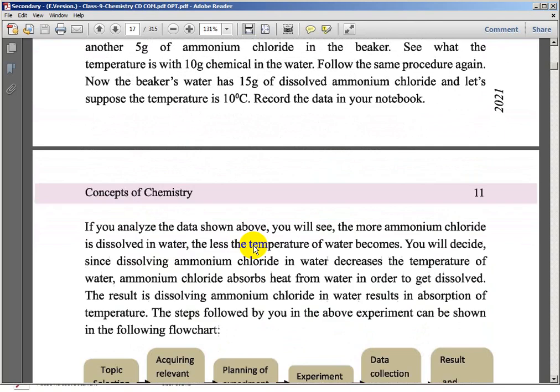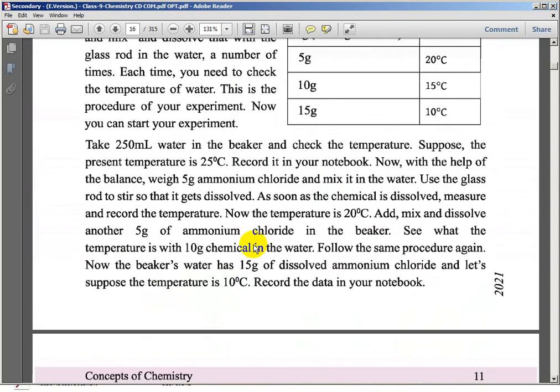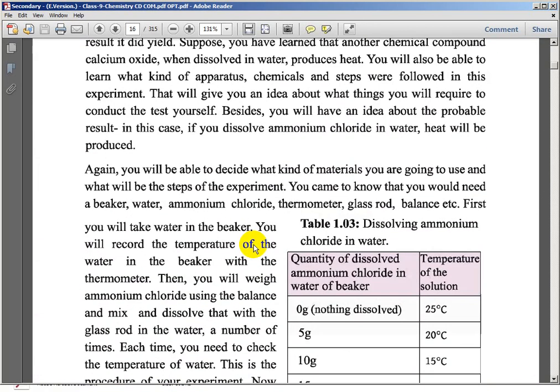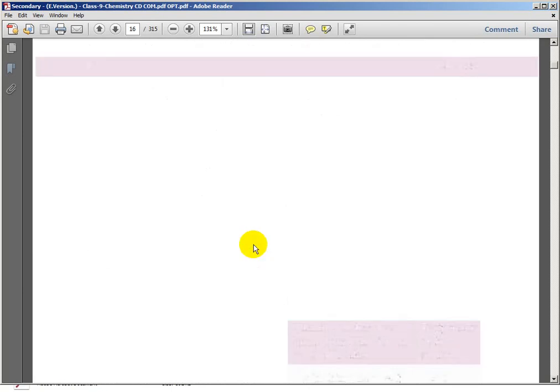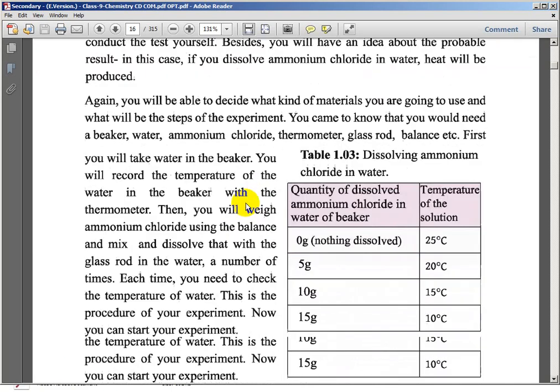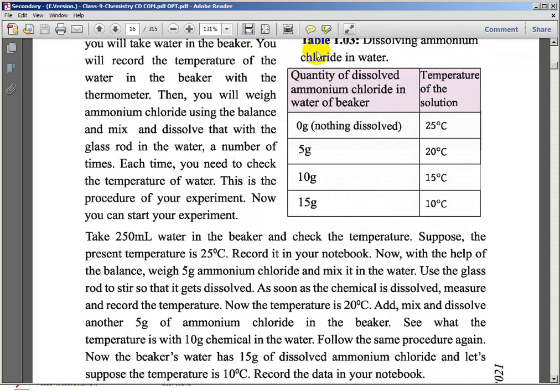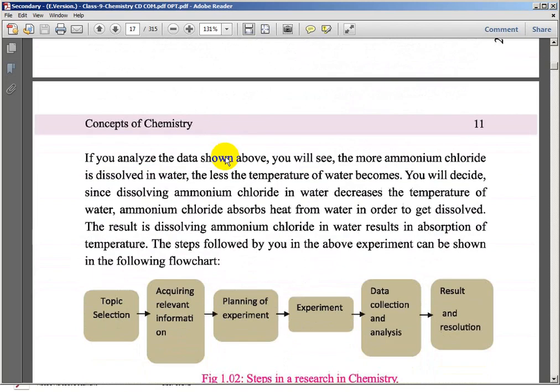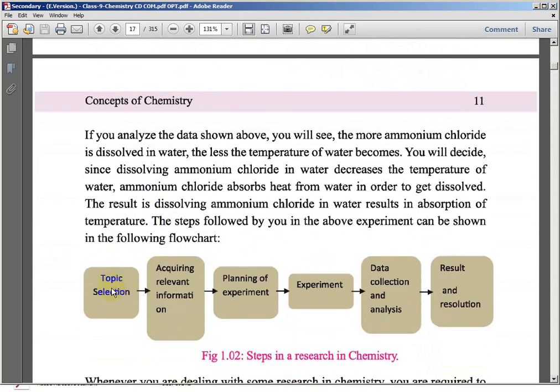The scientists do research to gain knowledge and to discover or invent something. So how is research done? Research is a set of steps to invent something. In chemistry research, at first you select a topic.